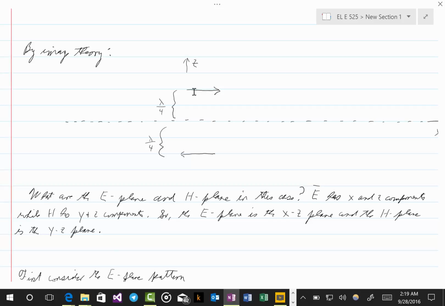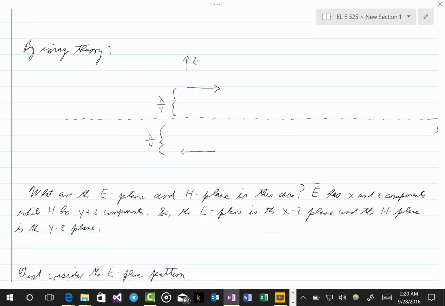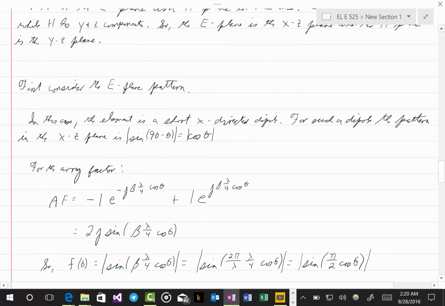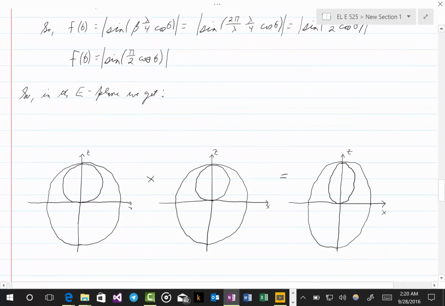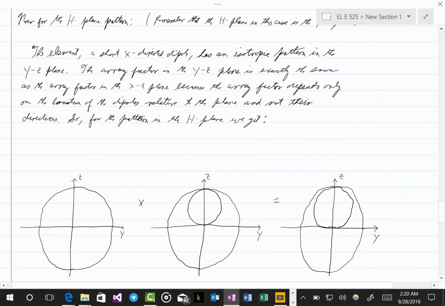When we're looking at the array factor, we don't worry about how they're directed. We're just concerned with where they are located. Both of them are located on the z-axis, and the z-axis is part of the xz plane, and it's also part of the yz plane. So in this case, for the horizontal dipole, the array factor will be exactly the same for the E plane and the H plane. So we see that right here.